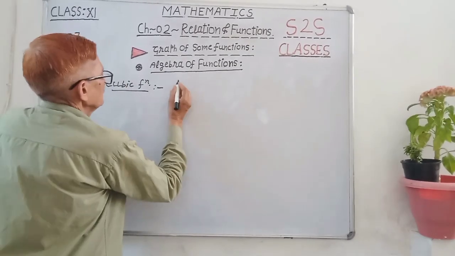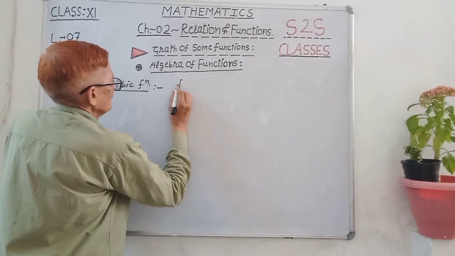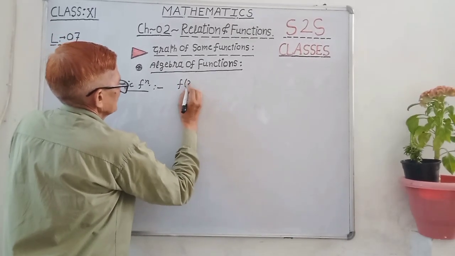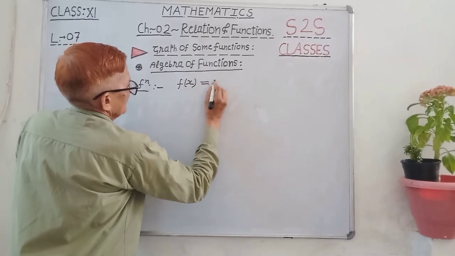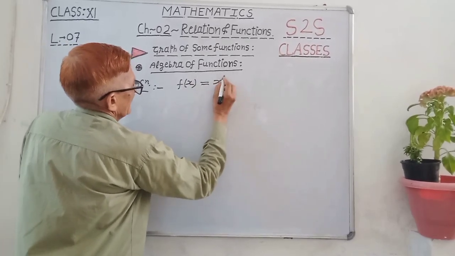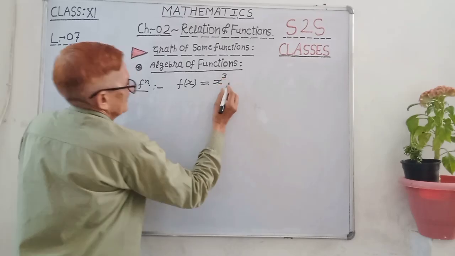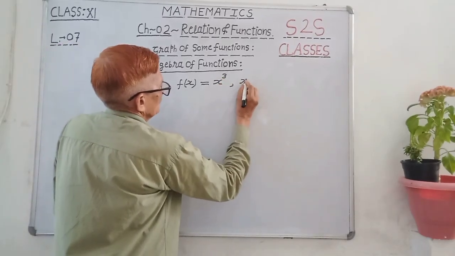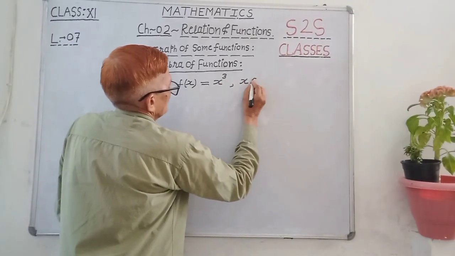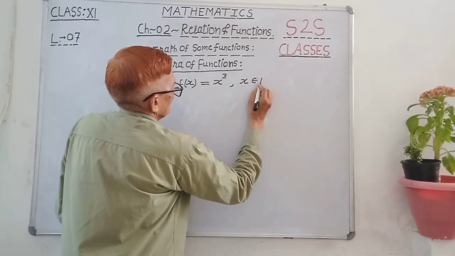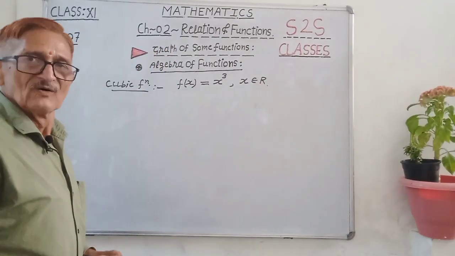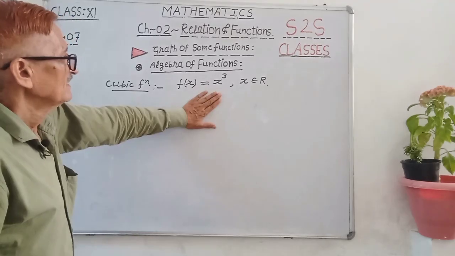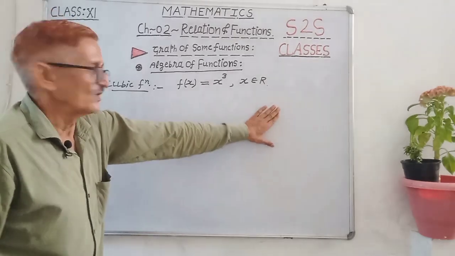Then the cubic function definition and graph: f(x) = x³, the cubic function, where x belongs to real numbers. Now how can we draw the graph of this?